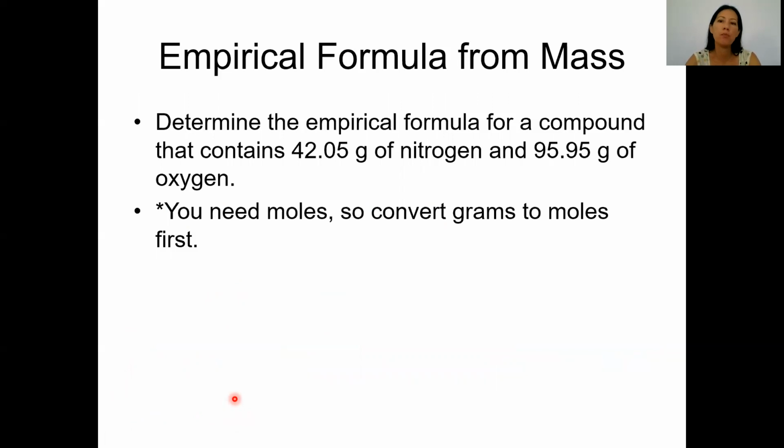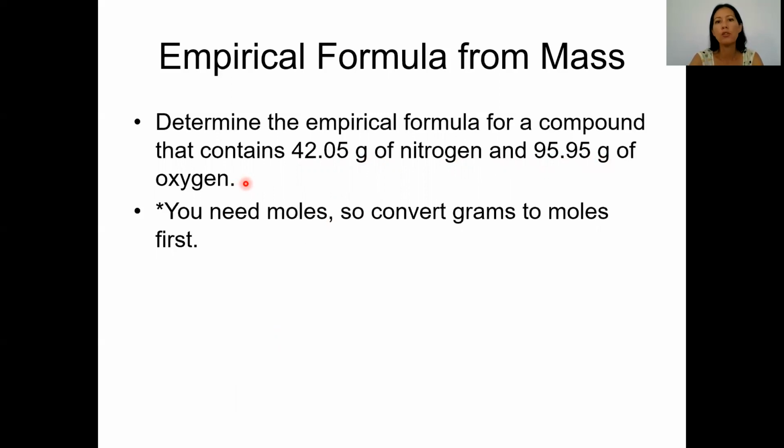Sometimes you're not given moles straight out. Sometimes you're given grams. So say a scientist came upon an unknown compound. He determined that it had 42.05 grams of nitrogen and 95.95 grams of oxygen. How do you find the empirical formula?